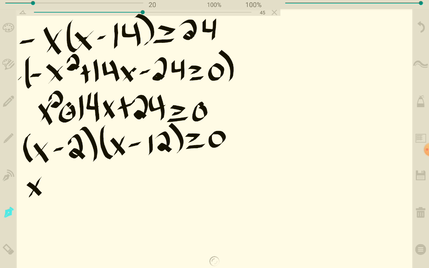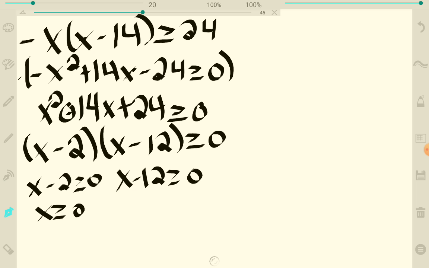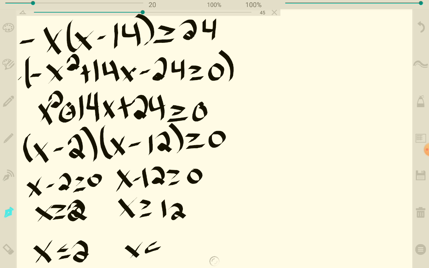When we factor, we would get x minus 2 is greater than 0, x minus 12 is greater than or less than 0. We get x is greater than or less than 2, and x is greater than or less than 12. Or we can get x is greater than or equal to 2, and x is less than or equal to 12.